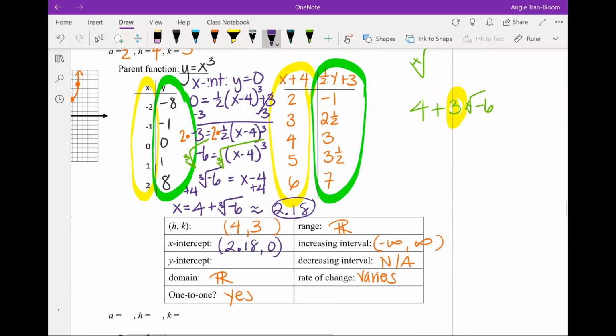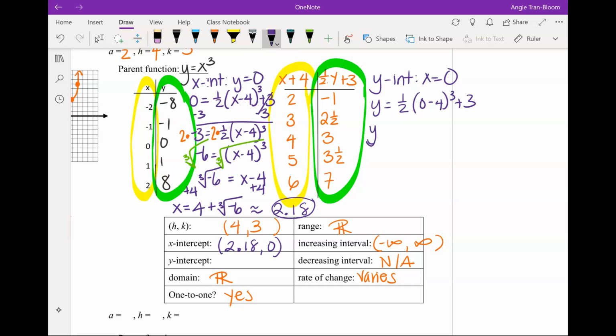So y-intercept is when x equals what? Right. This one's a lot easier to solve. So here we go. I'm going to write y-intercept over here. x equals 0. y equals, it was a half in the front, 0 minus 4 raised to the third power plus 3. 0 minus 4 is what, Kyler? 0 minus 4 is -4.